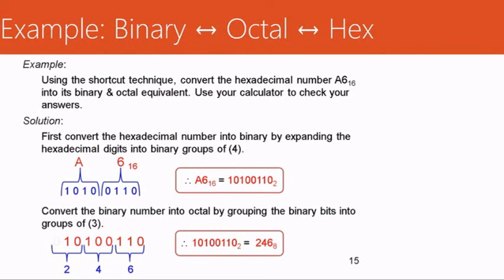Again, for 6, we have to convert this one to its equivalent binary. And the binary equivalent of 6 is 0, 1, 1, 0. And let's combine them. So therefore, A6 base 16 is equal to 1, 0, 1, 0, 0, 1, 1, 0 base 2.